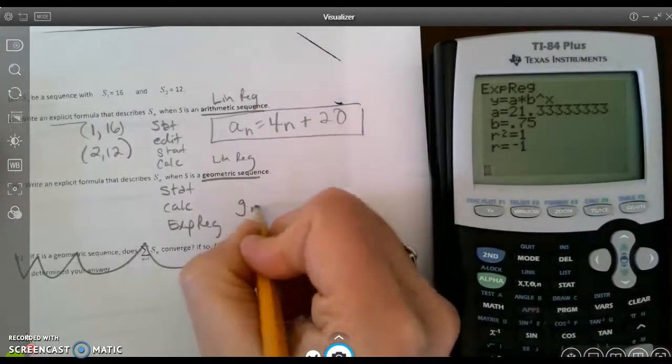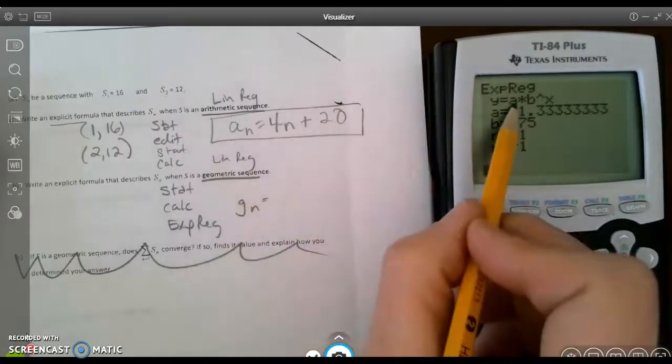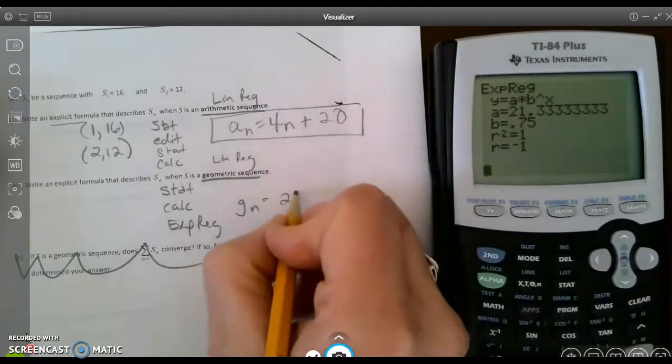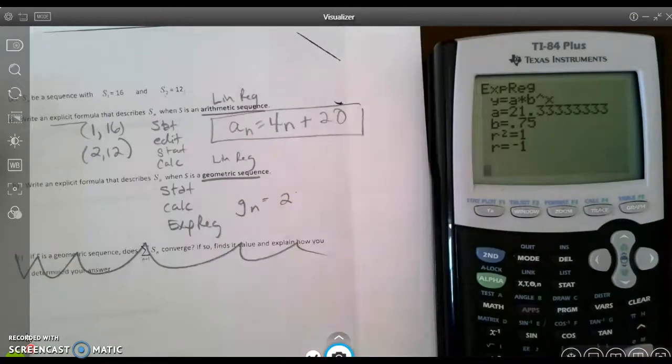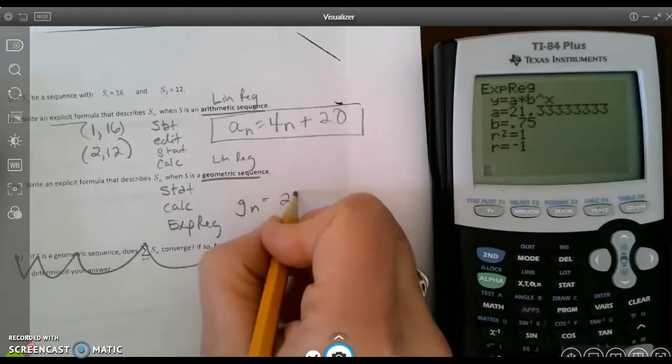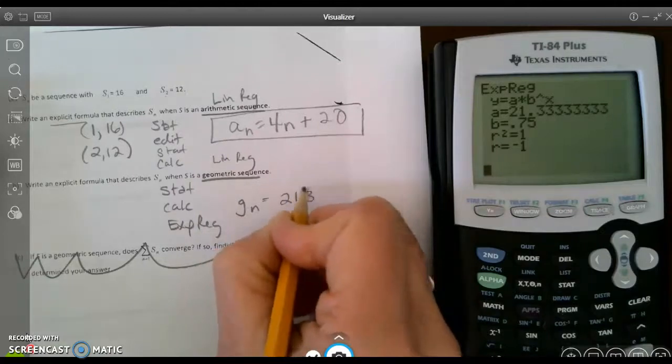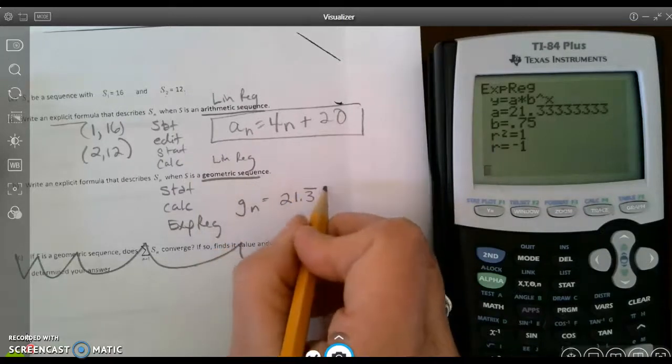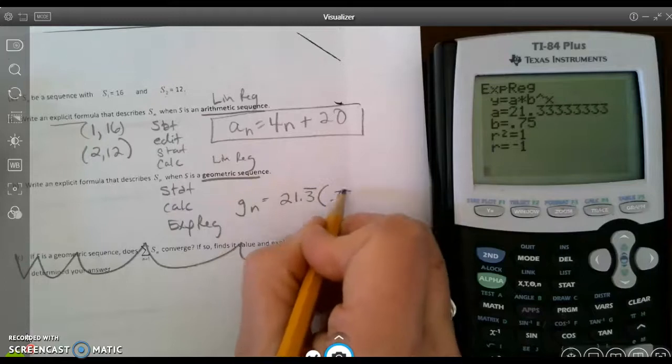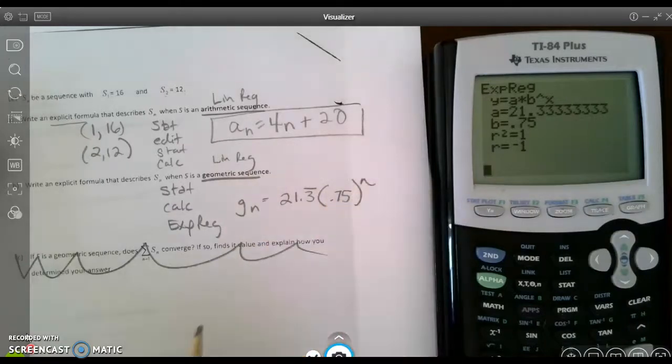Then I get G sub n is 21.3 repeating, which is 21 and a third. I guess I'll leave it like that. 21.3 repeating times 0.75 to the nth power.